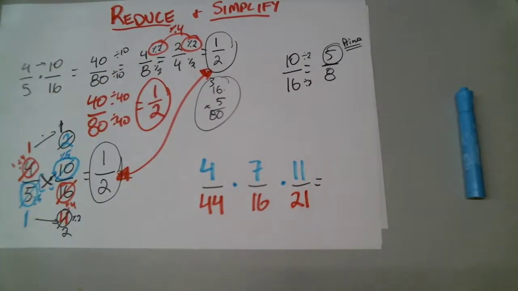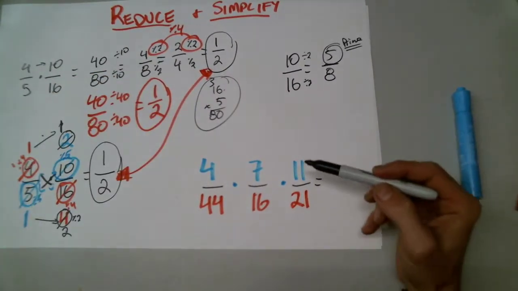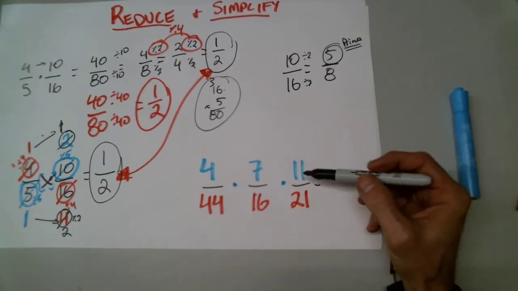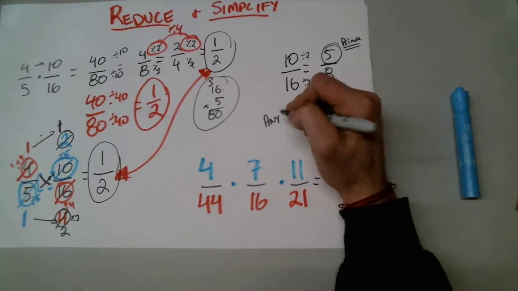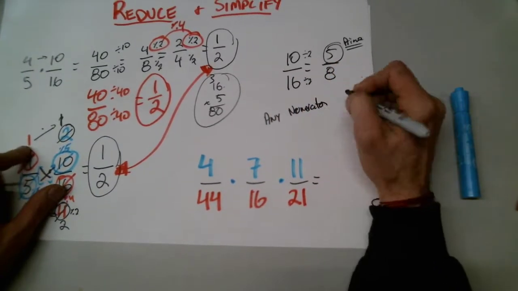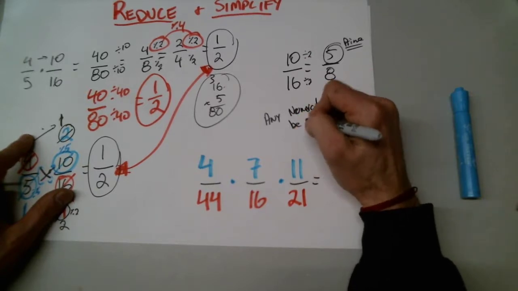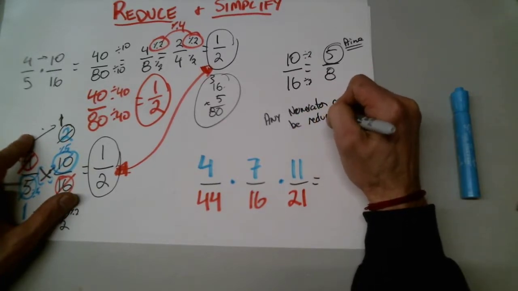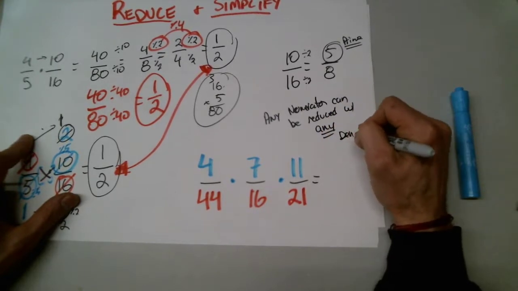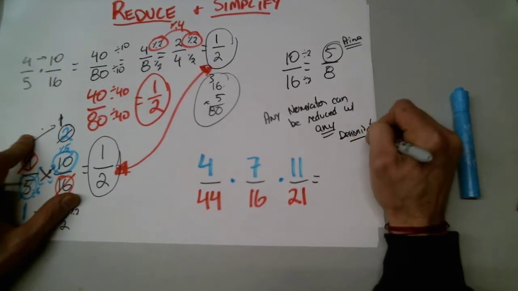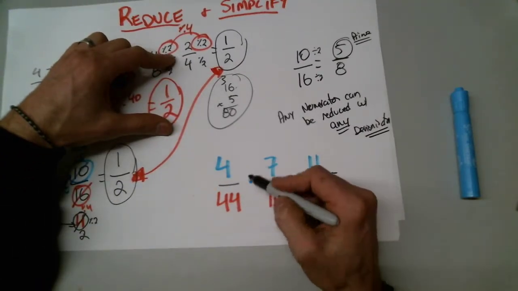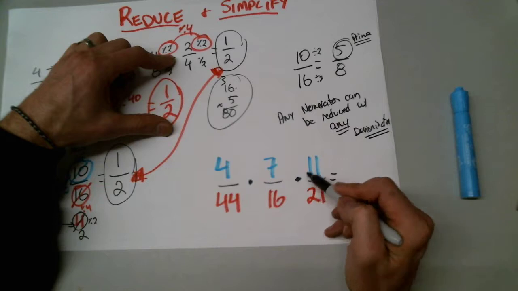As I said before, there are generally multiple ways you can do this. So remember, any numerator can be reduced with any denominator. Now what that means is that it doesn't matter where they are, because this is all multiplication.